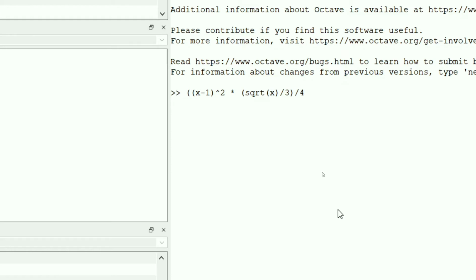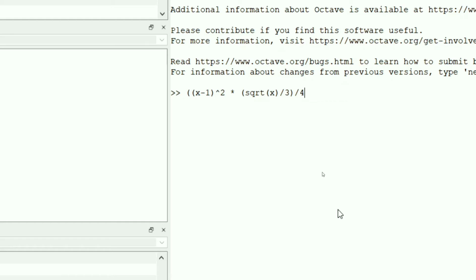So before moving on to the second part of our expression, I would like to familiarize you with what is sqrt of x. So sqrt is basically an inbuilt function in Octave or MATLAB that calculates the root of an expression or a value that you put into the brackets after sqrt. So here we have entered sqrt of x. That means it would calculate the root of x in this equation.